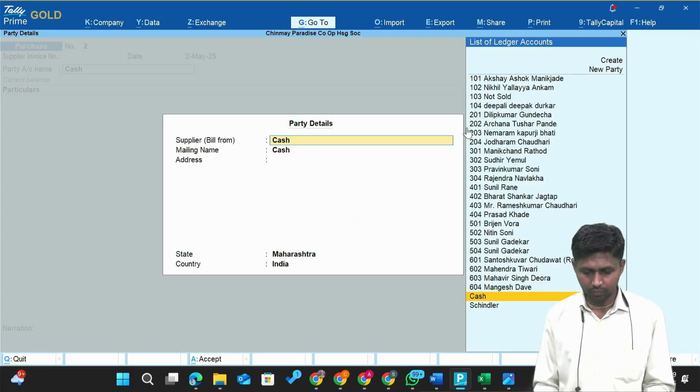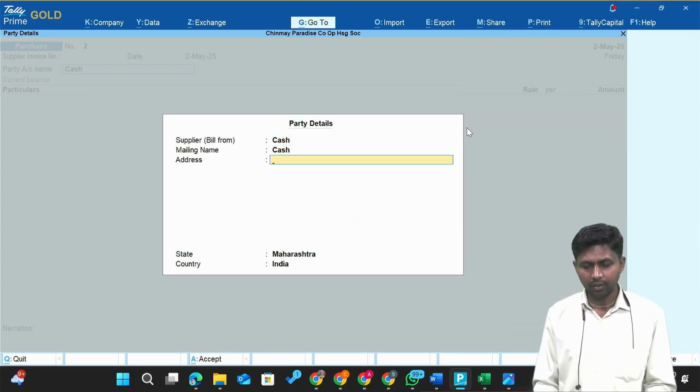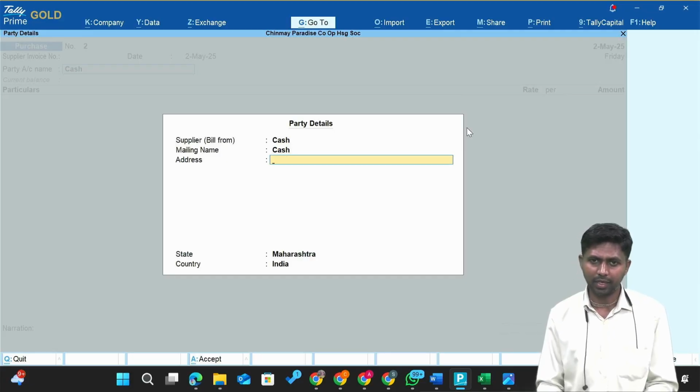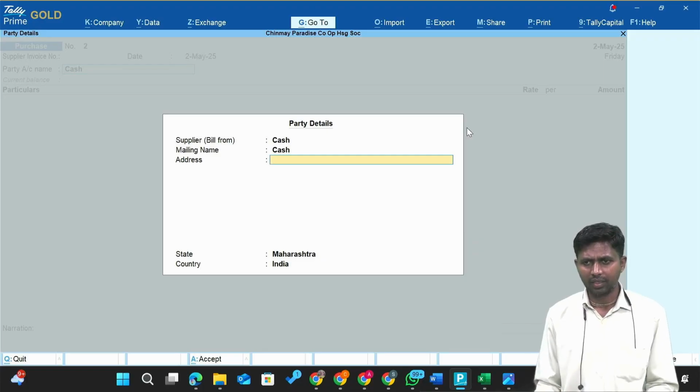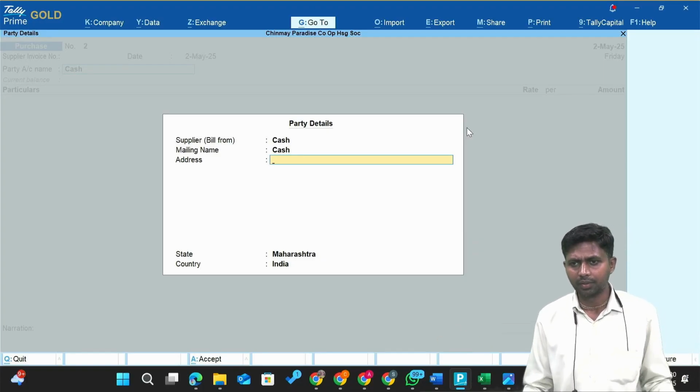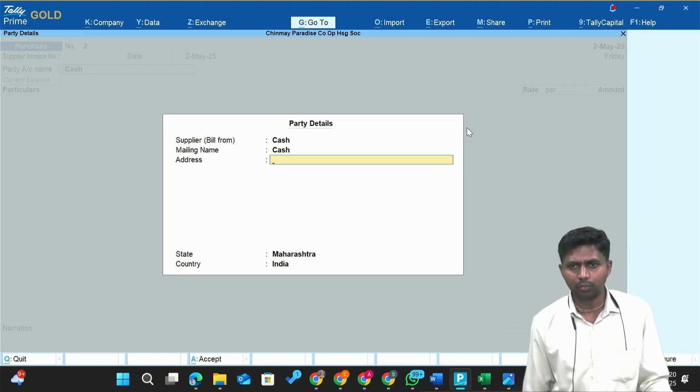After passing this entry, you will take the approval from the management, and then after that, you are going to pay that person. Or suppose you are the accountant and you have petty cash balance in your pocket.